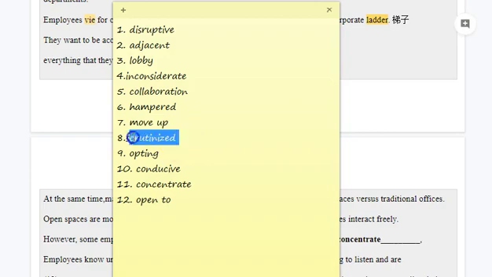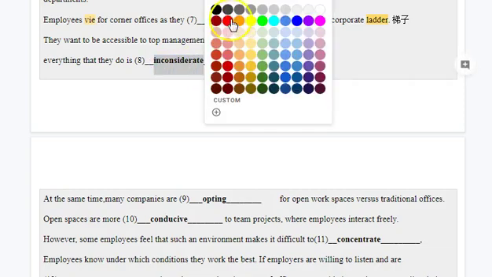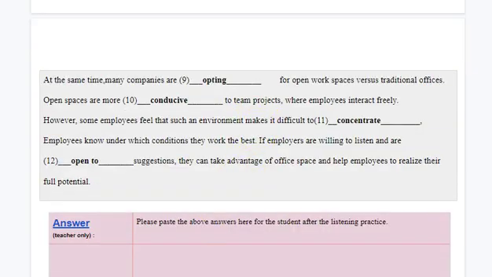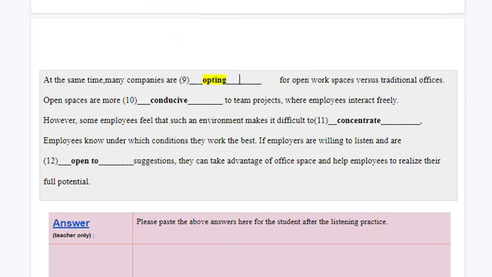At the same time, many companies are opting for open workspaces versus traditional offices. Open spaces are more conducive to team projects where employees interact freely.